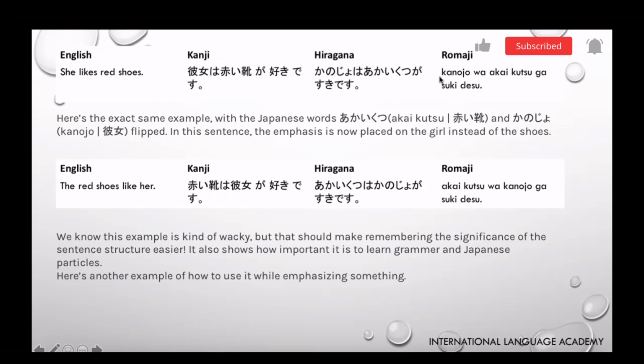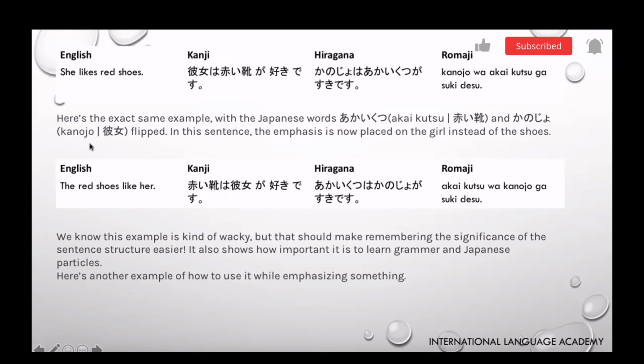So this is the correct example of how we can use ga in a sentence. In Roman letters, we can say 彼女は赤い靴が好きです。が has been used to emphasize the thing that she likes. So in this case, we can use ga in here.